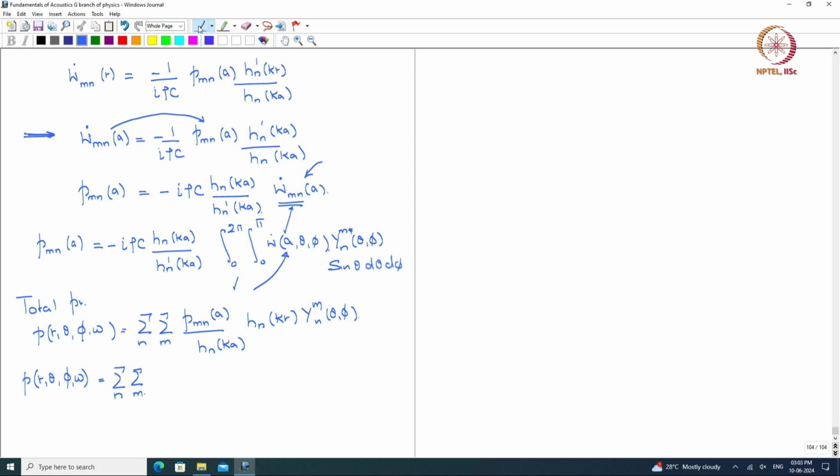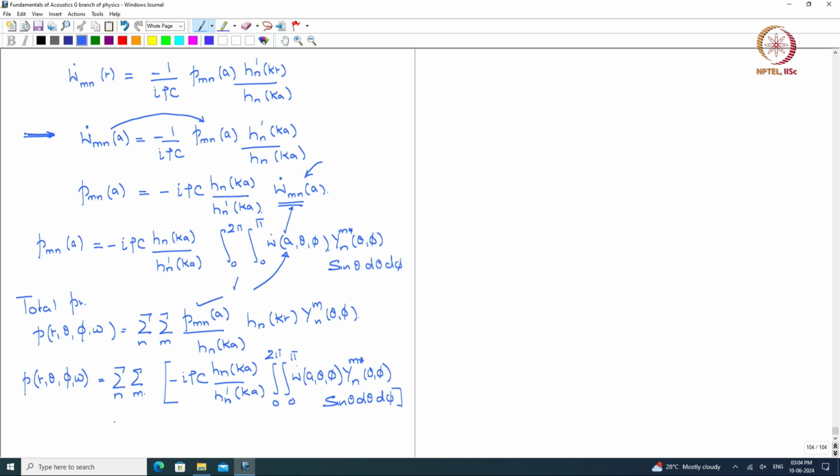Omega is given by p_mn a first, okay, which is, let's say here, minus i rho c, hn of Ka by hn dash of Ka, integral 0 to 2 pi, 0 to pi, w dot (a, theta, phi) Y_mn conjugate (theta, phi) sin theta d theta d phi, okay, that is p_mn a.